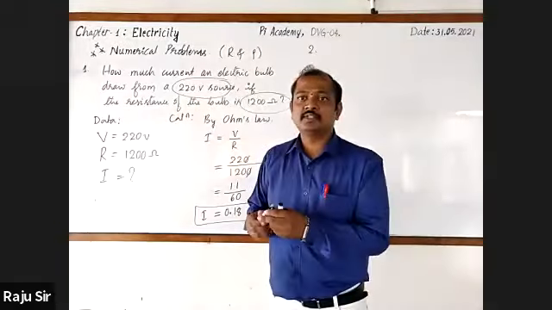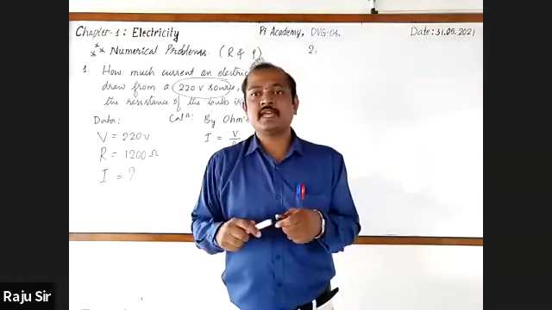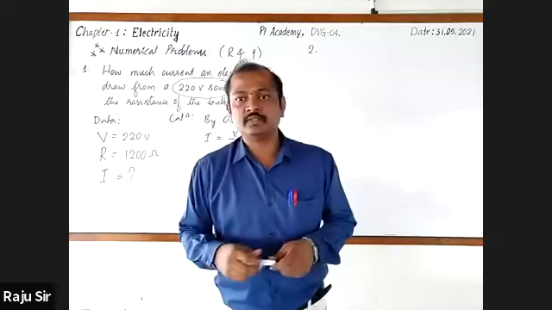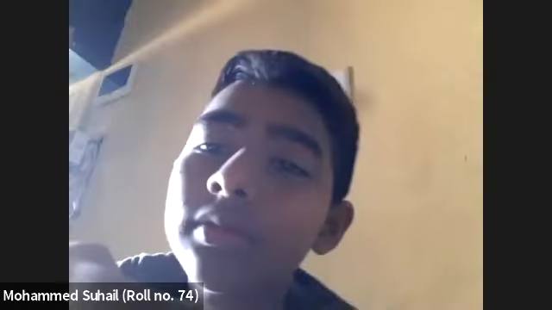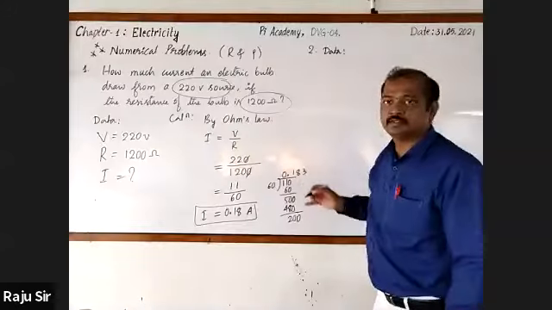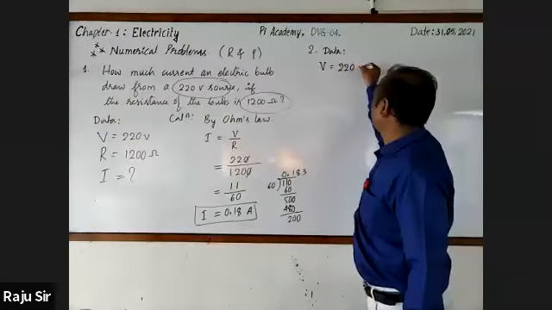Here we have used an electric heater. In the previous problem, we had used an electric bulb. But the potential difference is the same, that is 220 volts. Write it down. Voltage is given, V is equal to 220 volts.